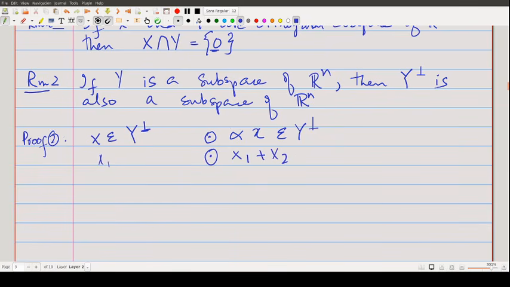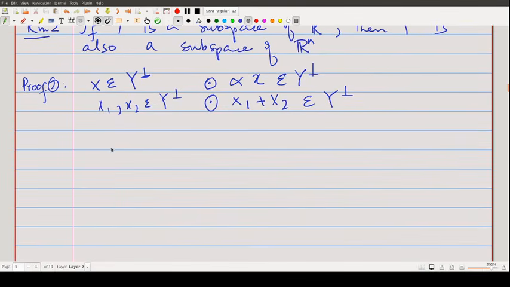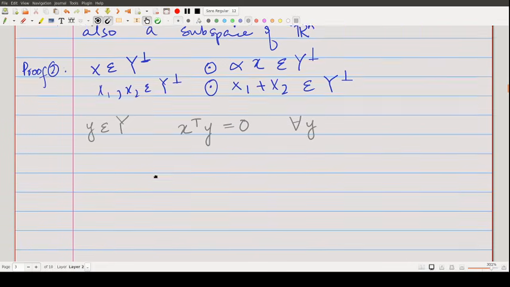So if x1 and x2 belong to this space, then x1 plus x2 should also belong in this complement, and that's easy to see. If x belongs to this complement, then x transpose y is going to be 0 for all y.